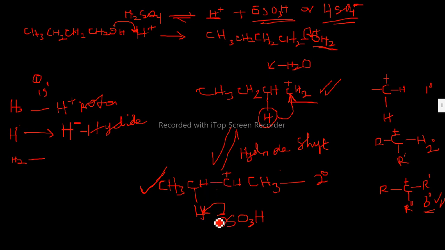Now, this will go as a proton. The 2 electrons that made this carbon-hydrogen bond will be taken by this carbon, and they will delocalize with this to form a double bond. That's how we summarize it and represent it.